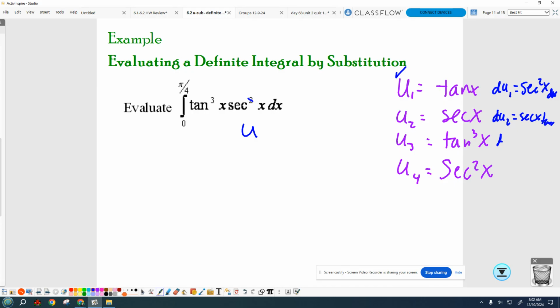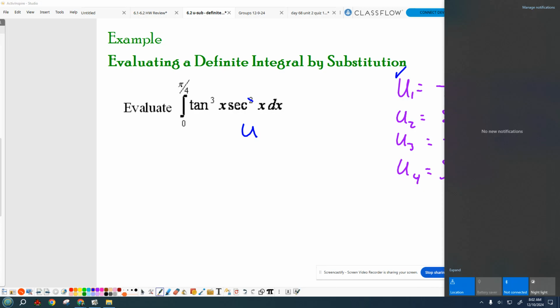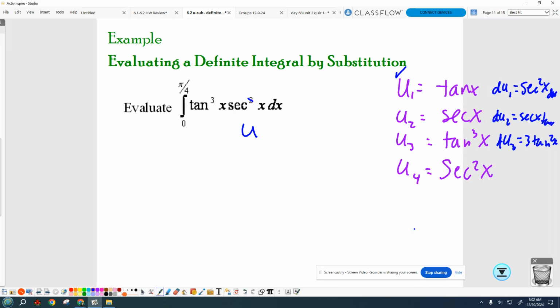I use tangent cubed: multiply by the power, lower the power, and then the derivative of tangent. Okay, that's interesting. If I translate that, I get tangent x times 3 du. Not sure that one works.